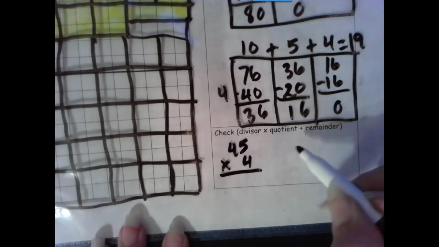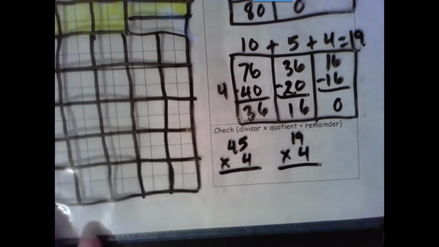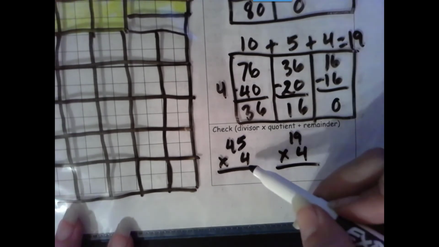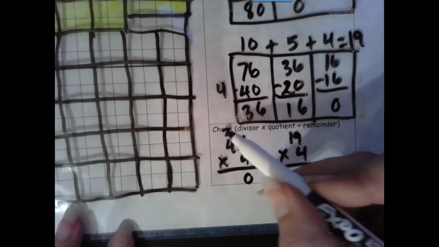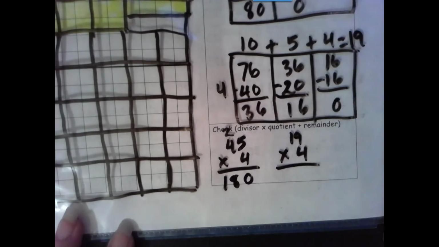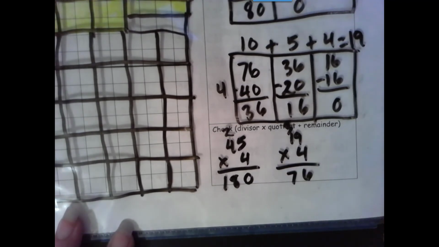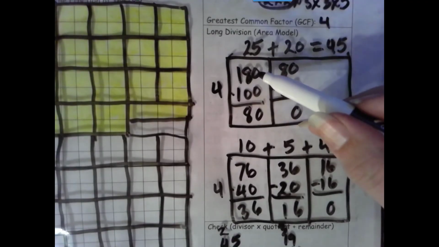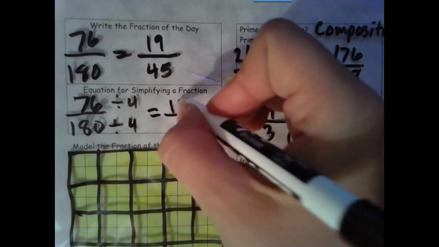Since our remainder is 0 for both, and the identity property of addition says when you add 0 it stays the same, we don't need to take time to add the 0. 4 groups of 5 is 20. 4 groups of 4 tens is 16 tens, plus 2 more tens is 18 tens. 4 groups of 9 is 36. 4 groups of 10 is 4 tens, plus 3 more tens is 7 tens. 76, that matches our dividend here. 180, that matches our dividend here. So it's both check. That means our numerator is definitely 19, and our denominator is definitely 45.